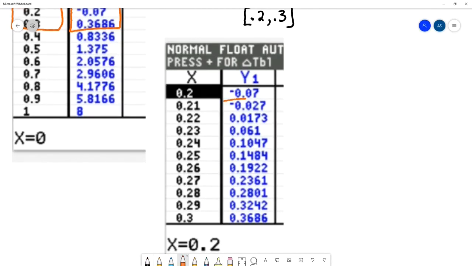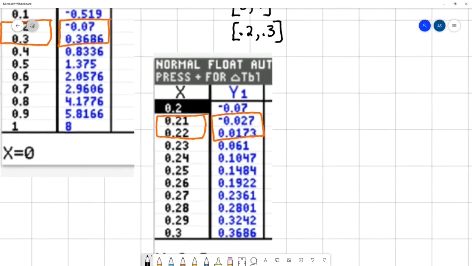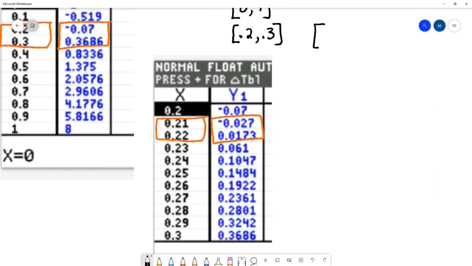So you can see here that the sign changes from negative to positive, and we have now narrowed the window down even more. So we now know that that 0 is in between 0.21 and 0.22.